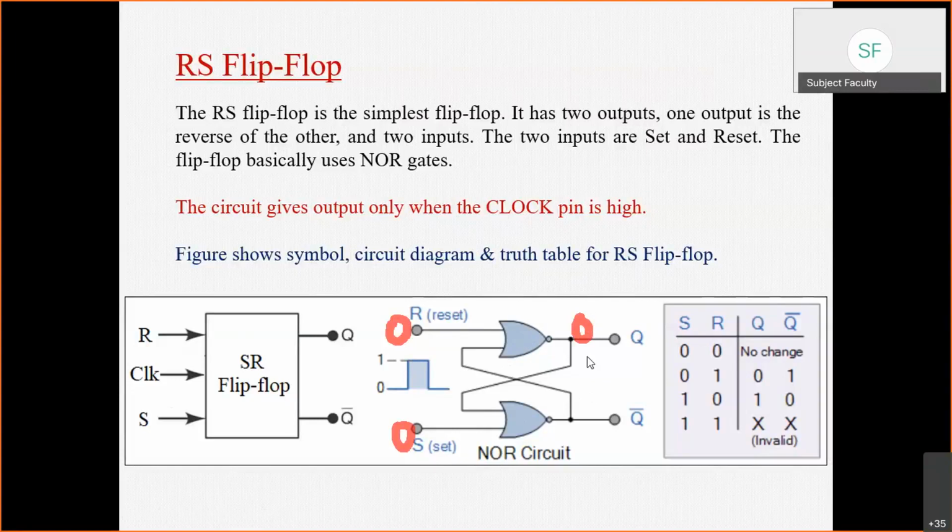We are taking the assumption that the value of Q can be either 1 or 0. So first we will check with 0. Suppose the value of Q is 0. One second, I'm actually having a problem in annotation.